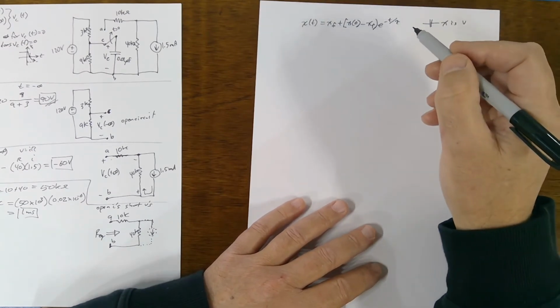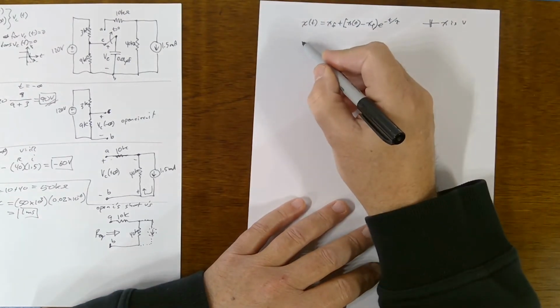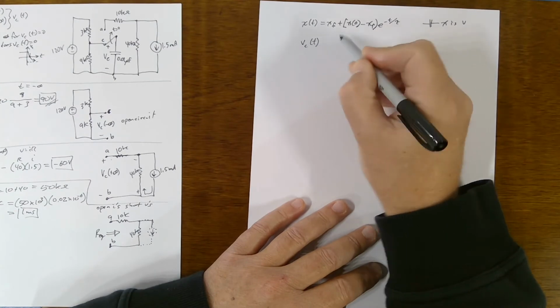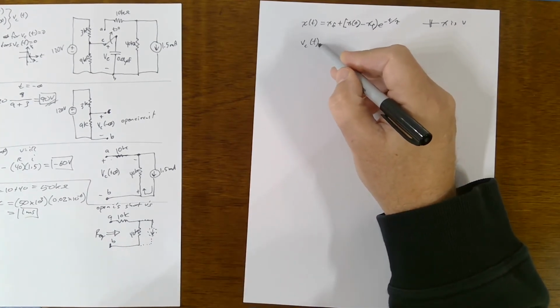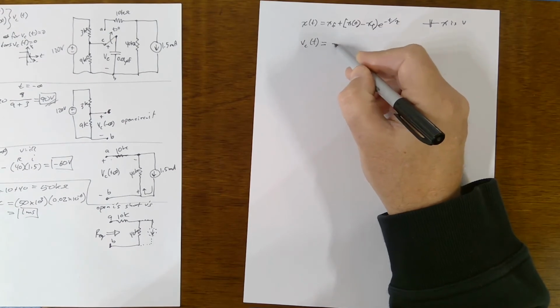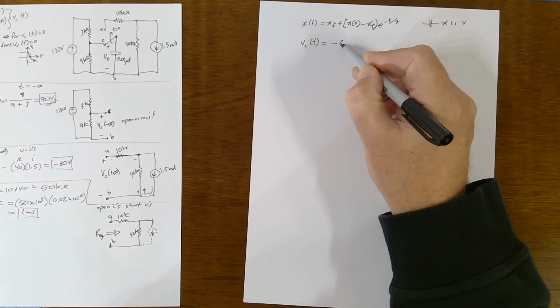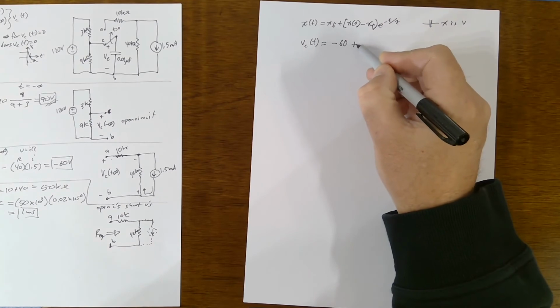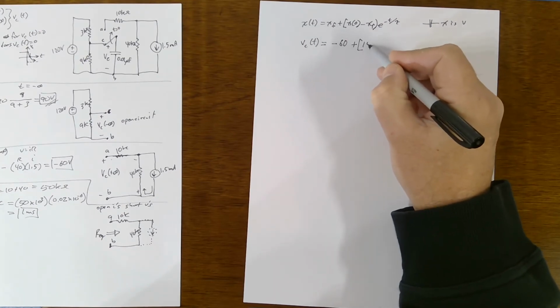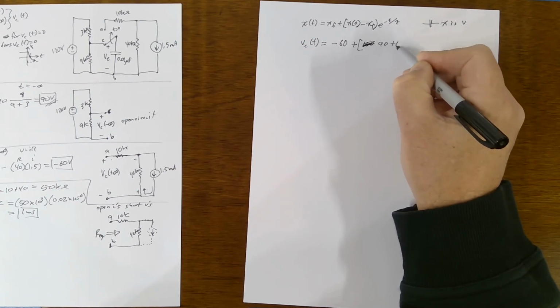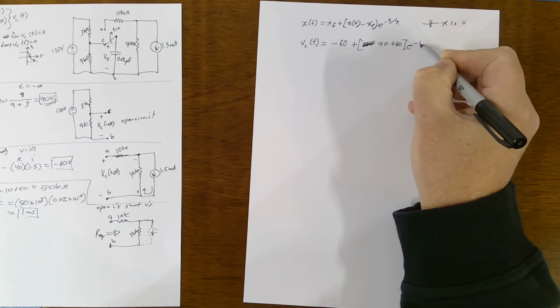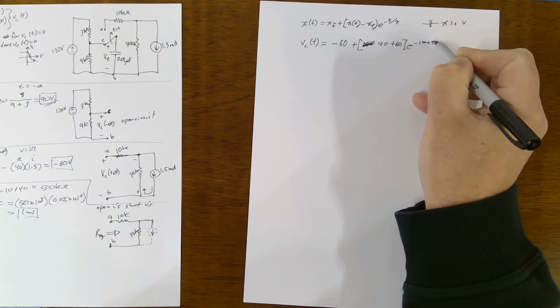So V of t for the cap had a final voltage of minus 60 plus an initial voltage of 90 plus 60, times e to the minus 1000 t.